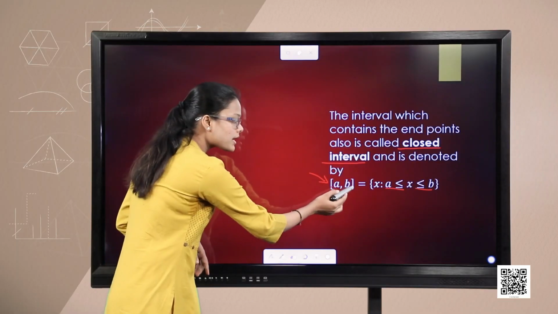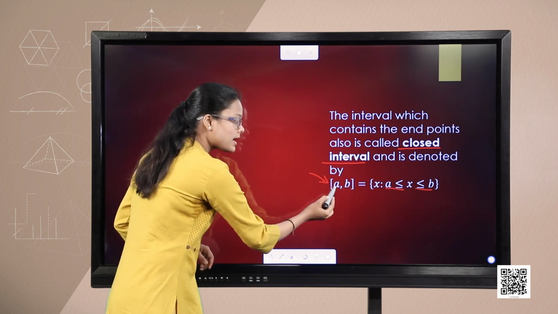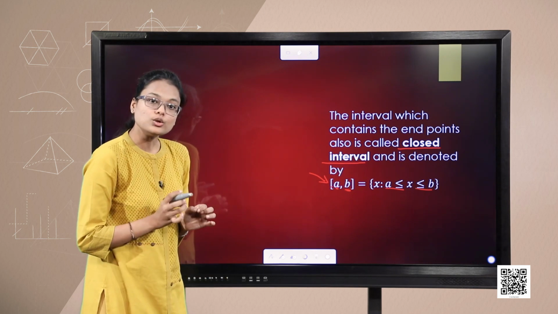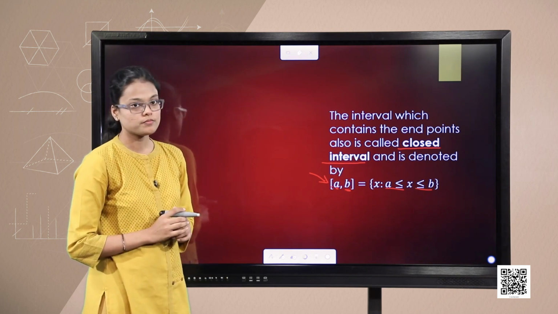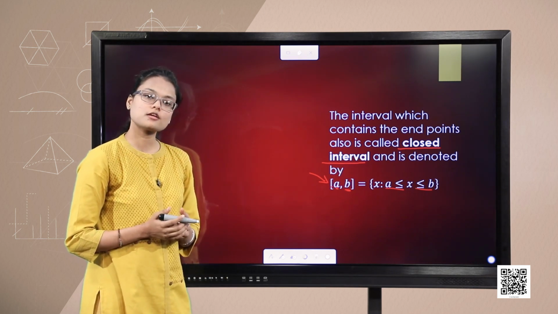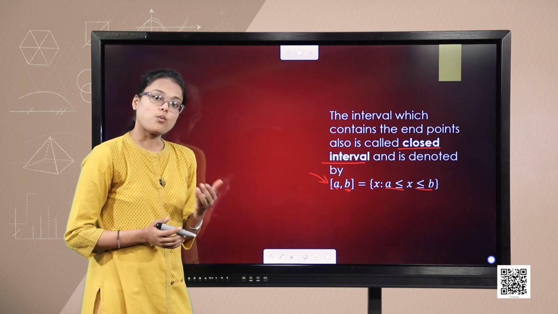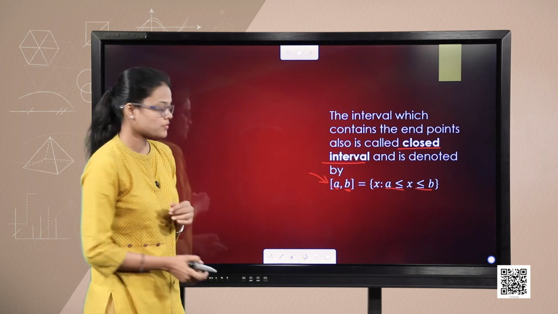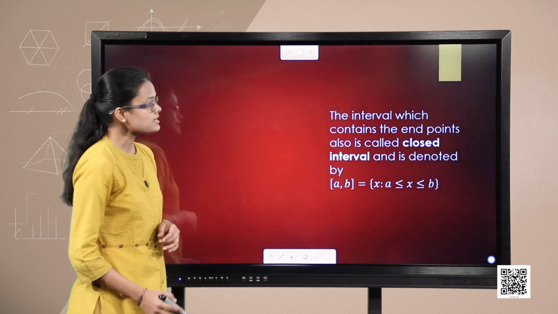So, the square bracket represents that the endpoints a and b are included in the interval. Okay? So, again a question arises: can there be an interval in which one point is included and the other is not included? Yes.